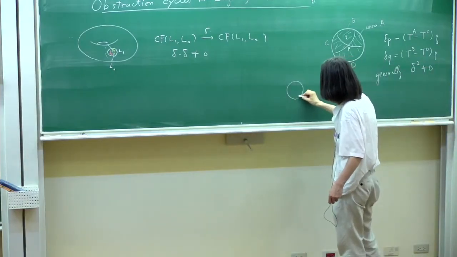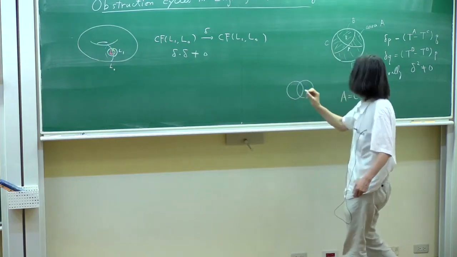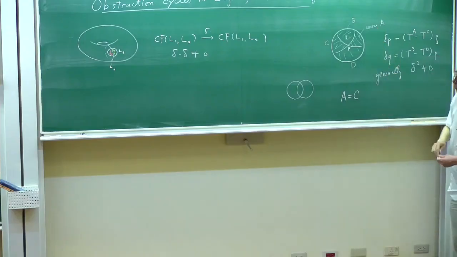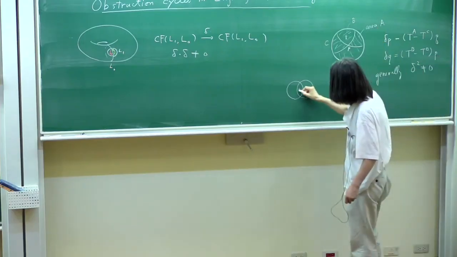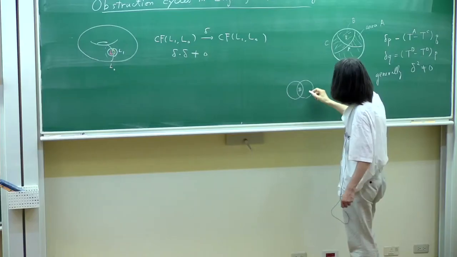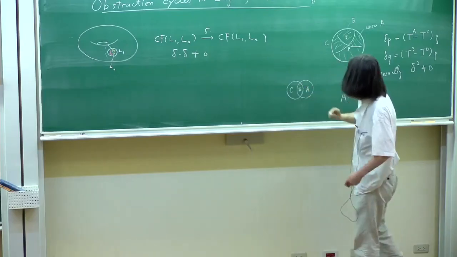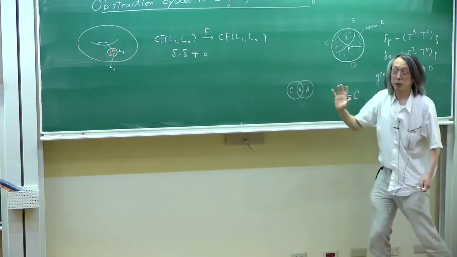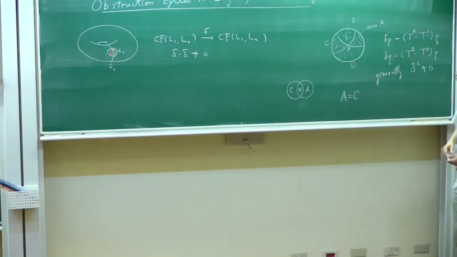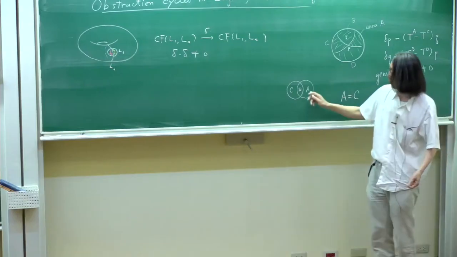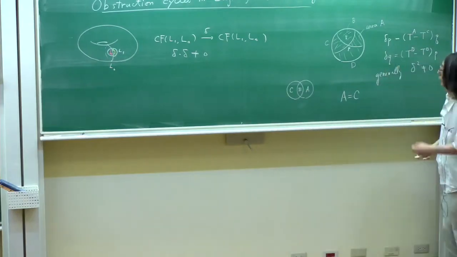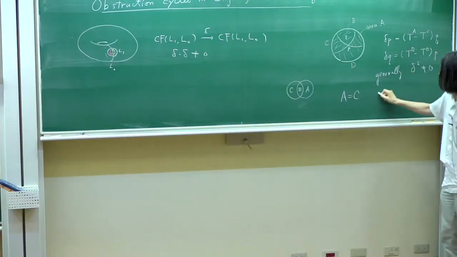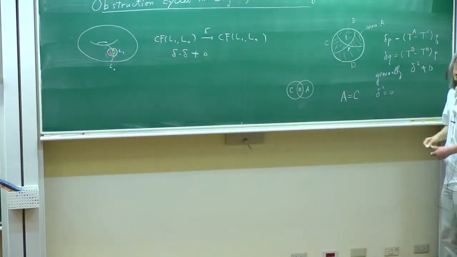I have two circles like this. Maybe I just look at it from above, then I can see this. And here, maybe this is B. And here, maybe I have A, and I have C here. So if this circle is just moved to another circle by an area preserving map, then this area A is certainly equal to the area of C, right? And then actually this one vanishes, so therefore certainly delta square is equal to 0.